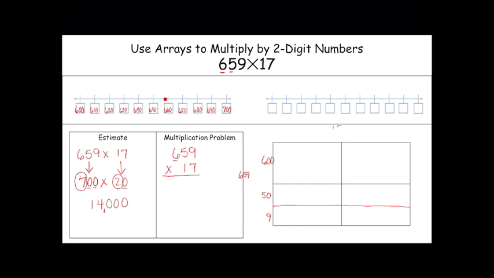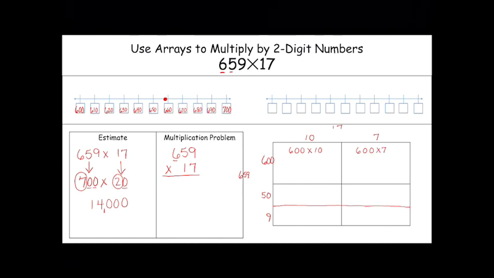The 17 still gets broken apart as regular. This 1 means 10. And the 7 is in the ones place. So the 600 gets paired with the 10, 600 times 10. And the 600 gets paired with the 7, 600 times 7. And I'm finished with the 600.